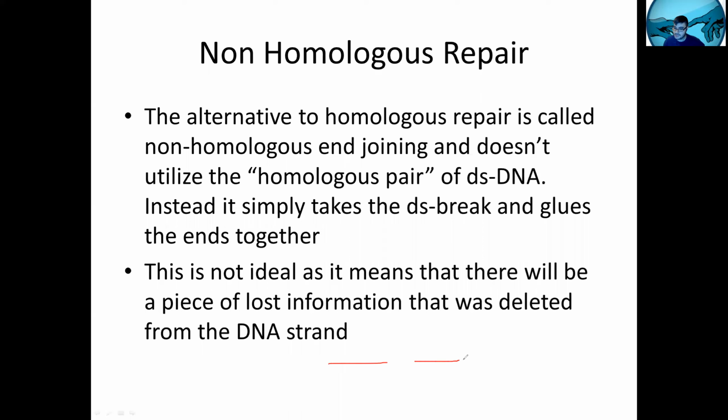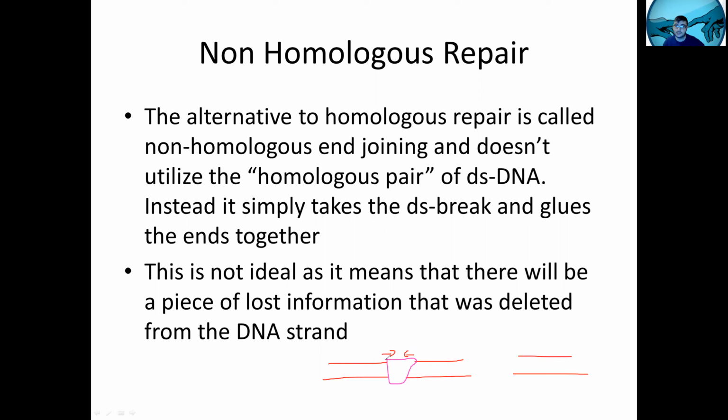So pretend you have this double-stranded break. Instead of using homologous recombination, you'll just take these chunks and move them closer together and stitch them together, and it'll be just a little bit shorter DNA, right? But this whole chunk, which used to be DNA, used to be information, is now permanently gone.